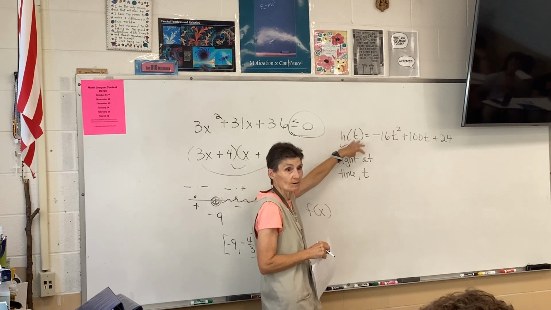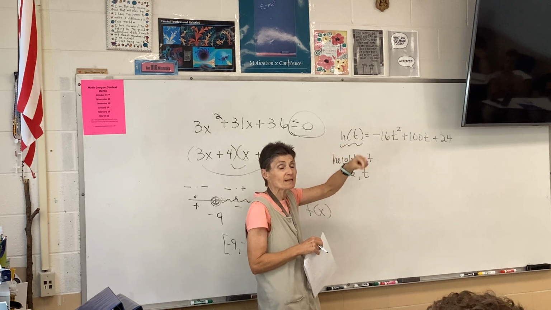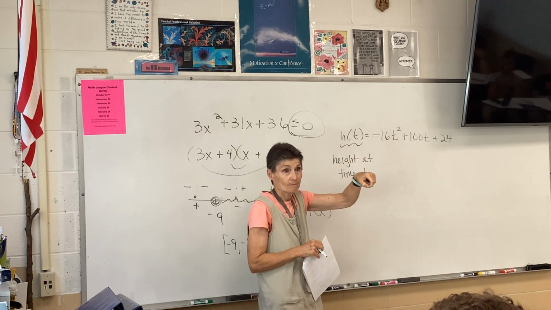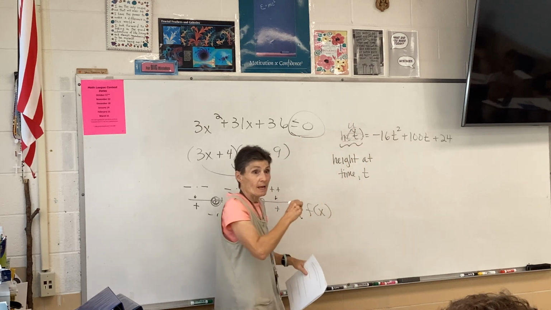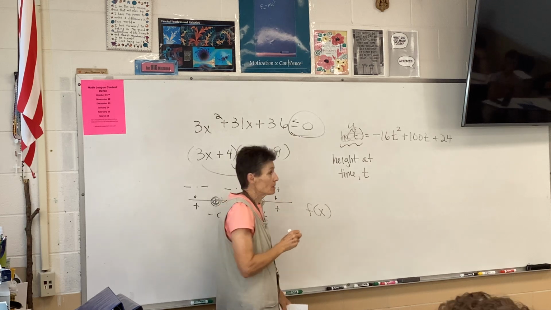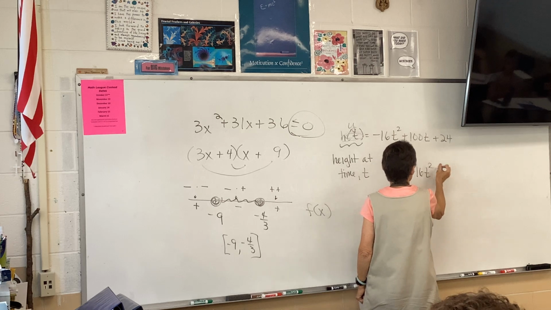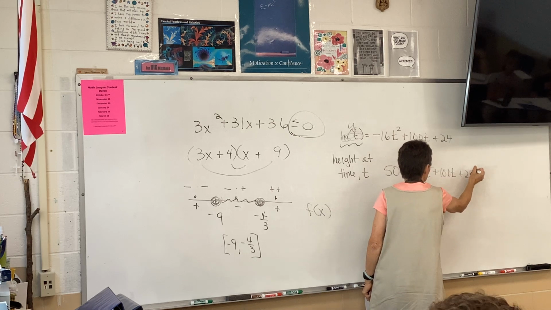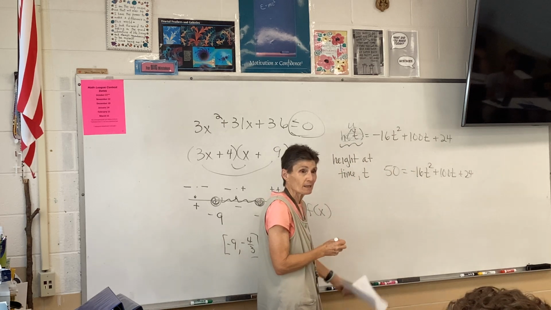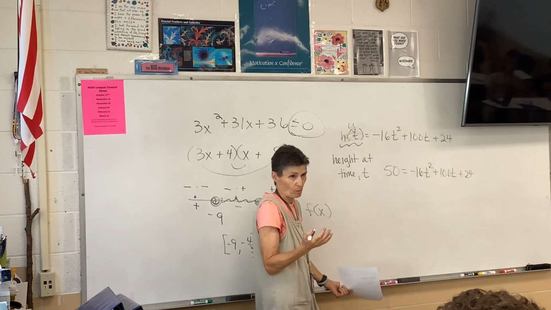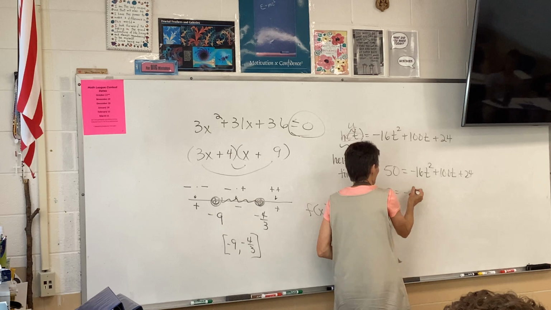There's no t in here. I am finding the t that would give me 50. So think of this as y, and I want y to be 50. So I'm going to have the equation 50 equals negative 16t squared plus 100t plus 24. That's quadratic. So if I'm doing this algebraically, with paper and pencil, I've got to get it set equal to 0.